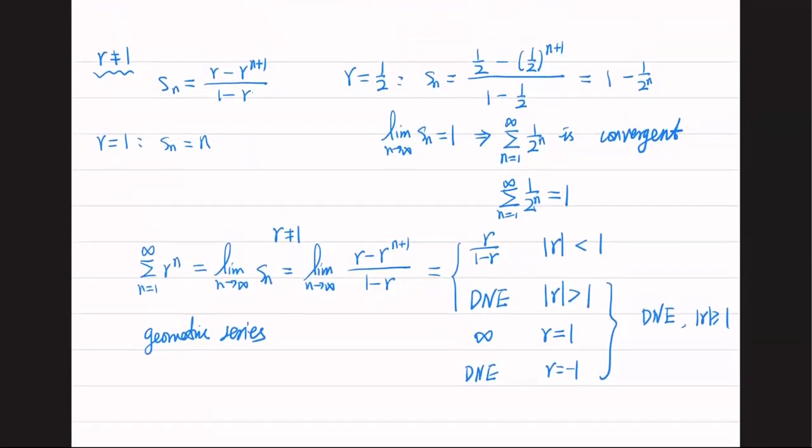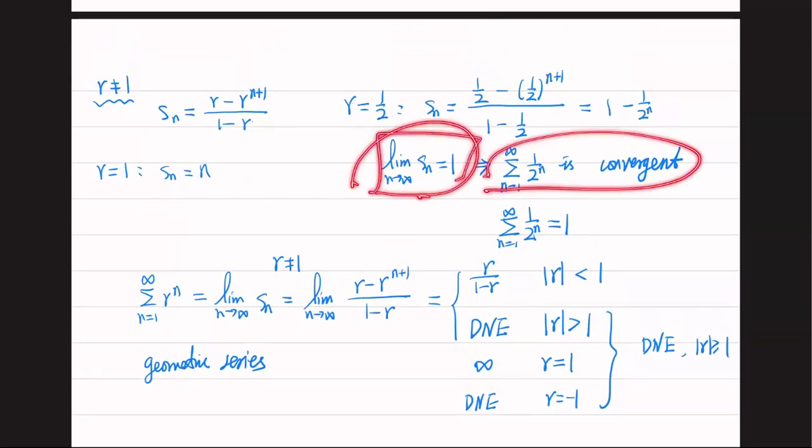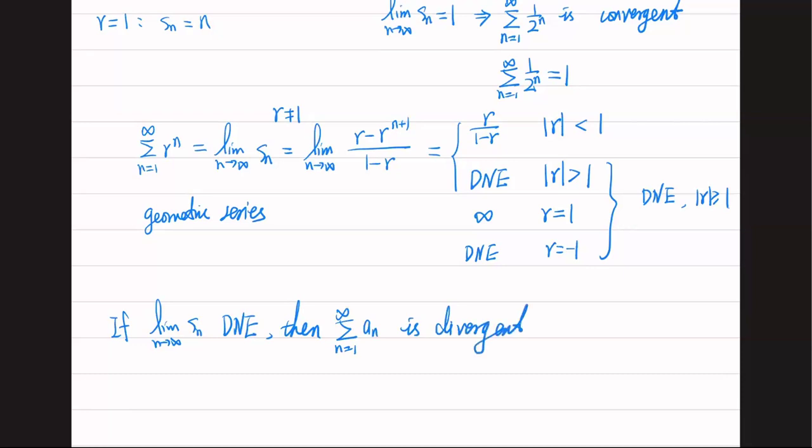So if the limit of the partial sum exists, then we say it's convergent. If the limit doesn't exist, it's divergent. Okay.